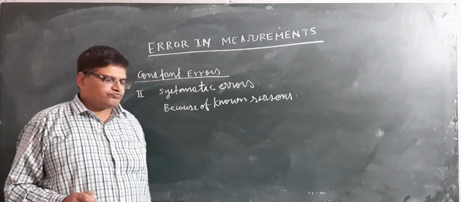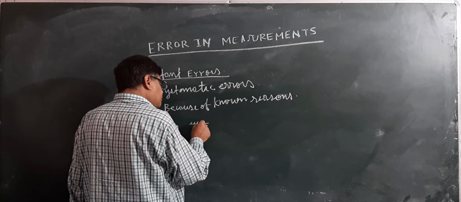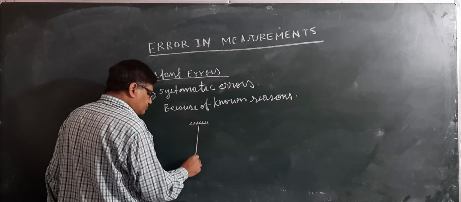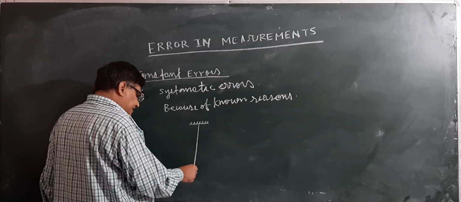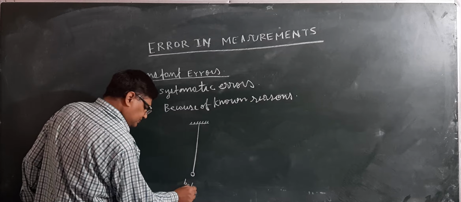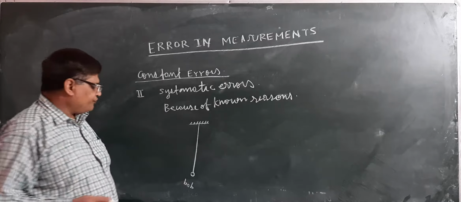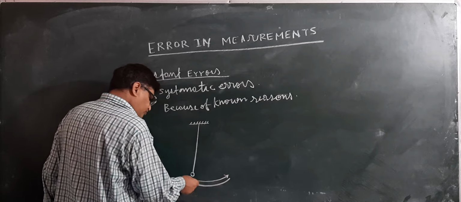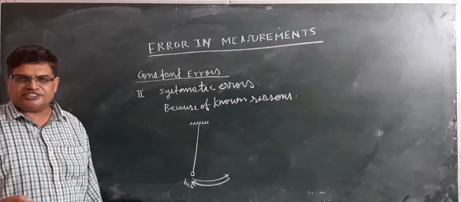For example, we are doing an experiment with a simple pendulum. There is a string, a light string, and at the end of the string, there is a bob. And the other end is tied to the ceiling or a stand. Now this is made to oscillate, and it moves to and fro like this, and it will have a particular time period of oscillation.